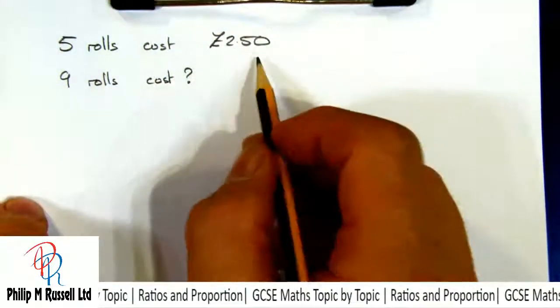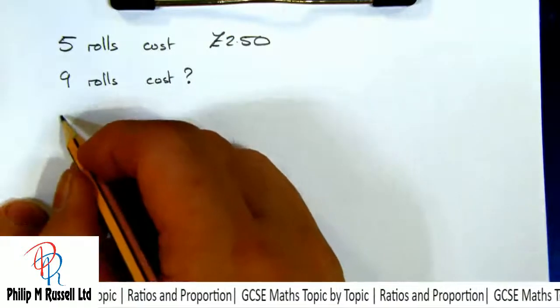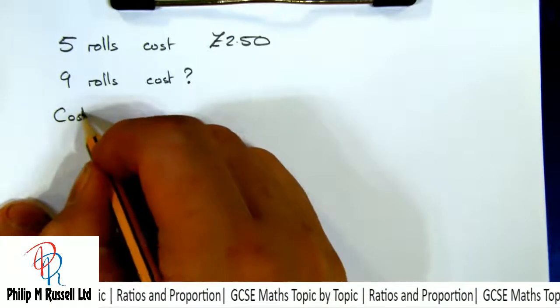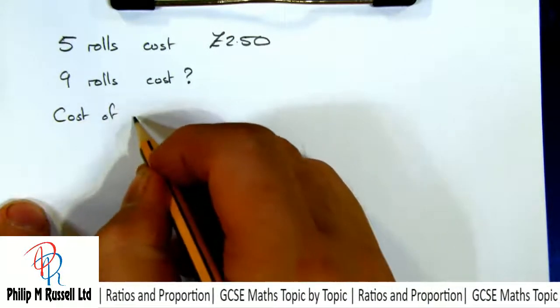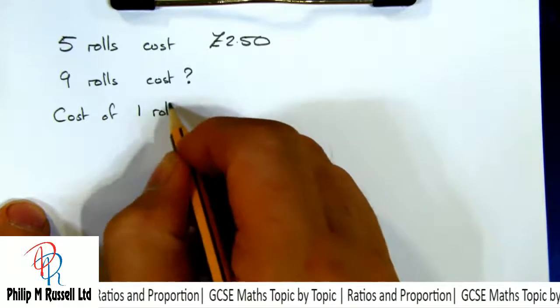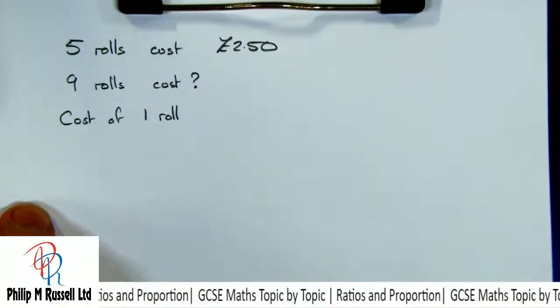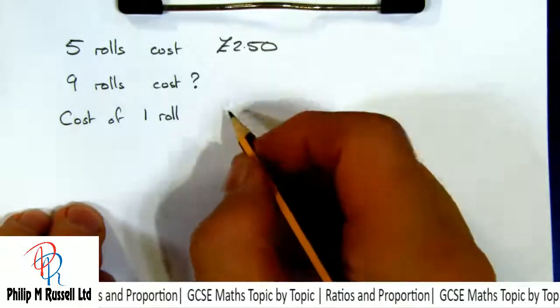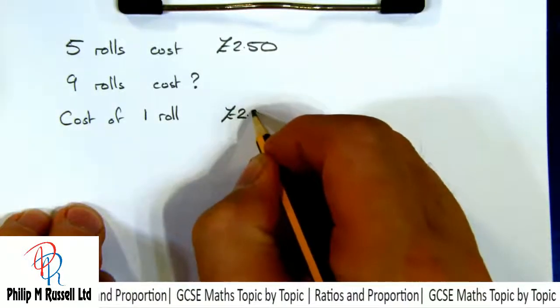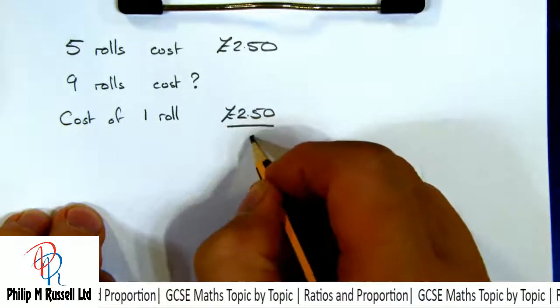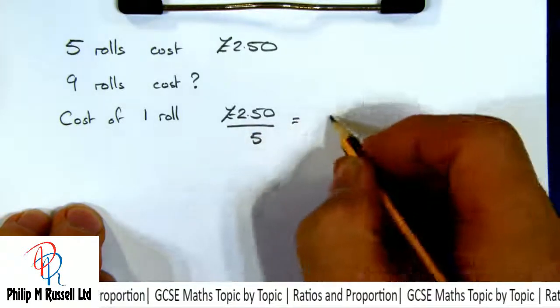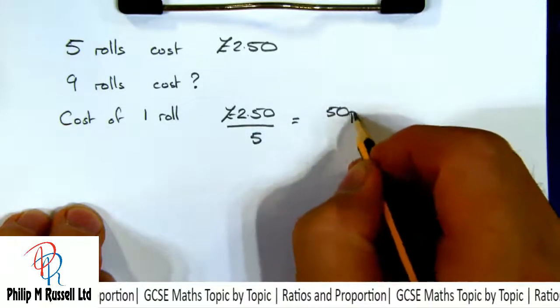In this case, we work out the cost of 1. So the cost of 1 roll here is going to be £2.50 divided by 5, which gives me 50p.